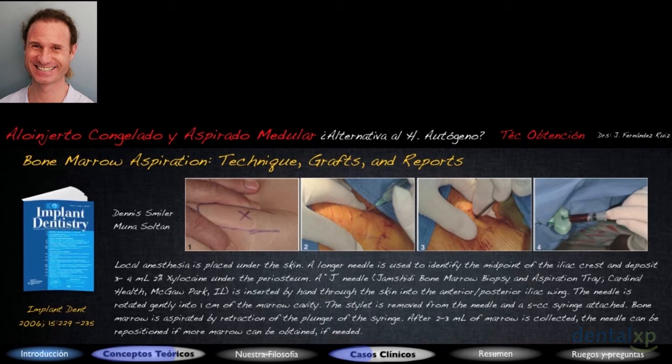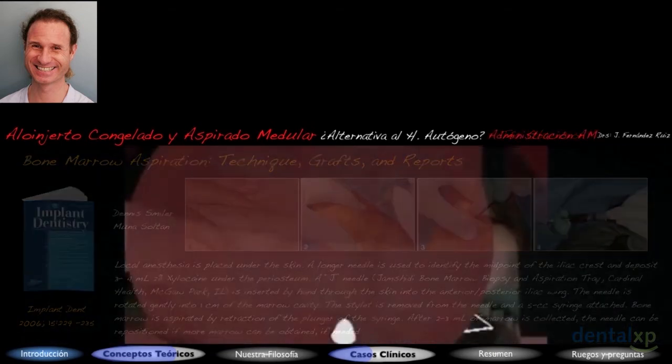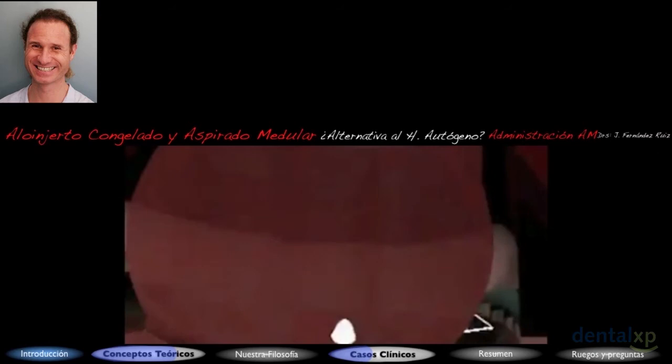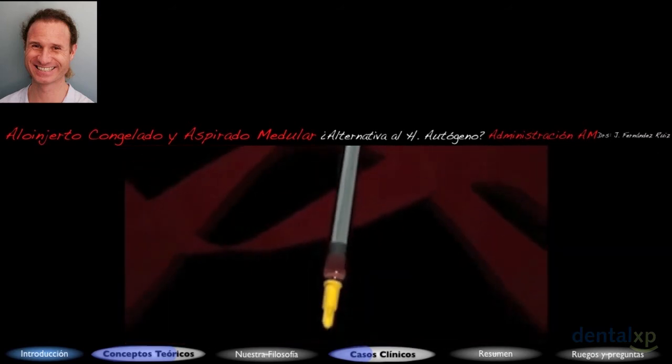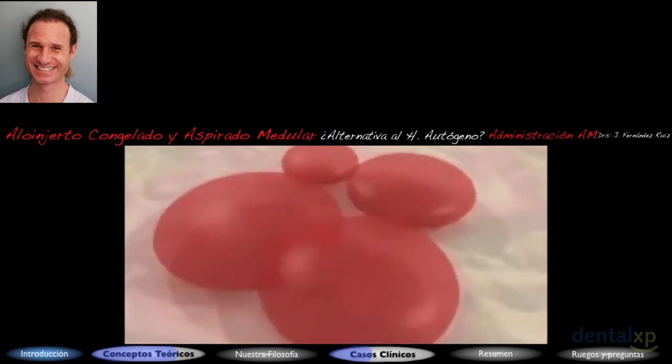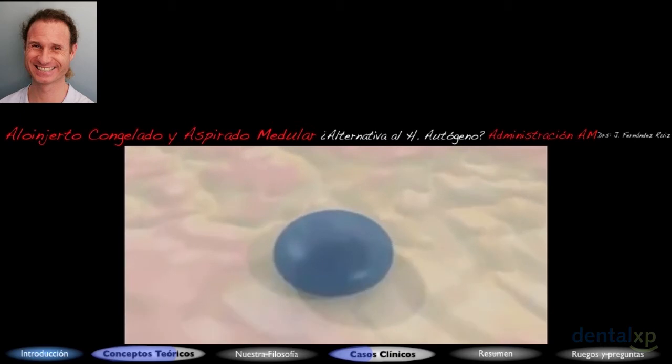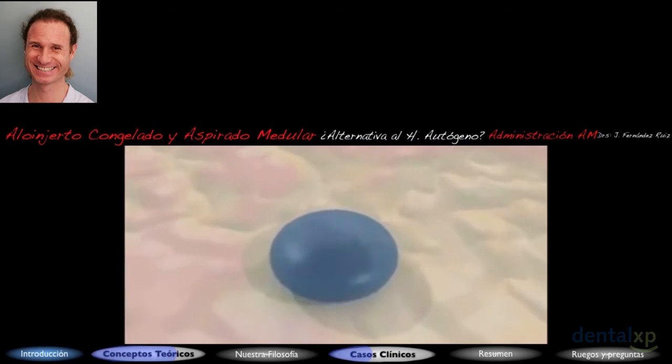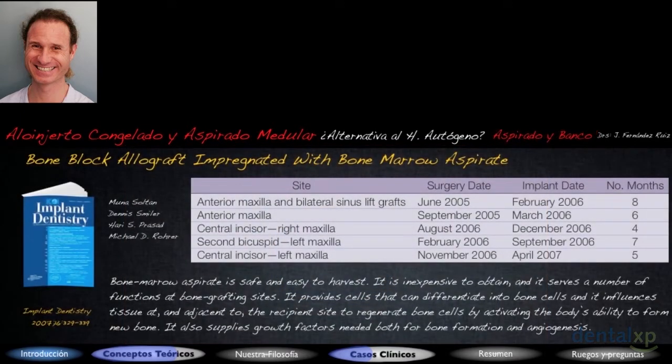Now, this paper by the same group of authors, we can see how the bone marrow aspirate behaves. And what they found is that the bone marrow aspirate is safe and easy to harvest, it is inexpensive, and it serves a number of functions at the bone grafting site.